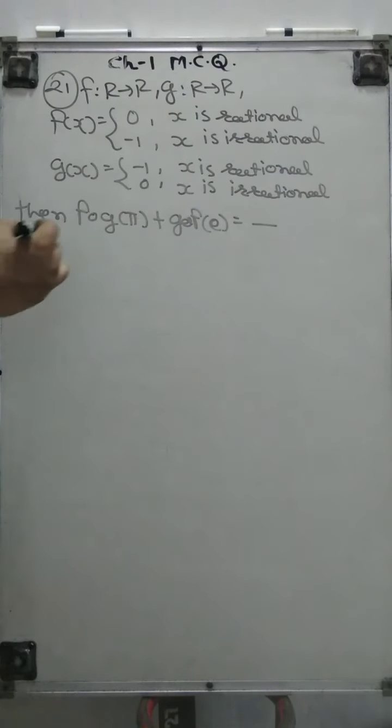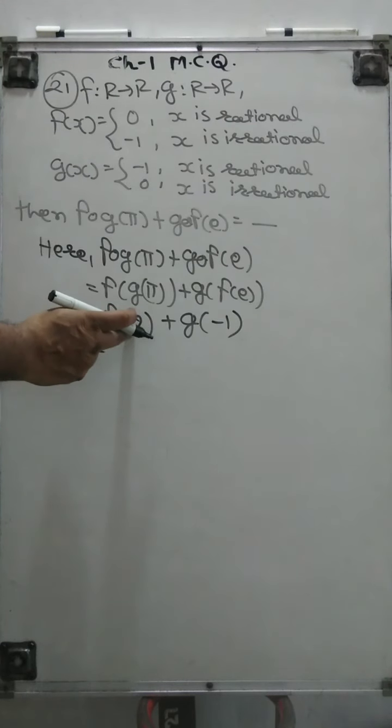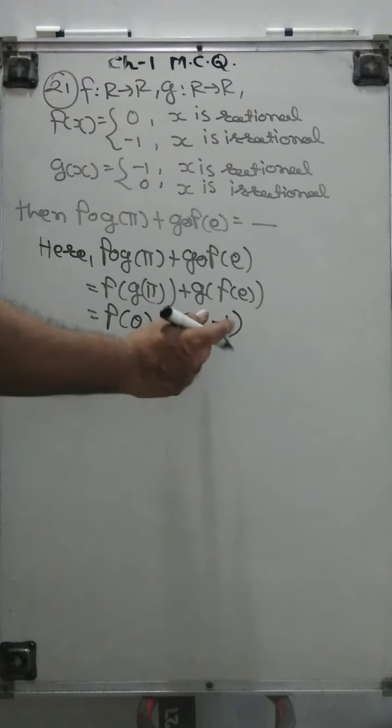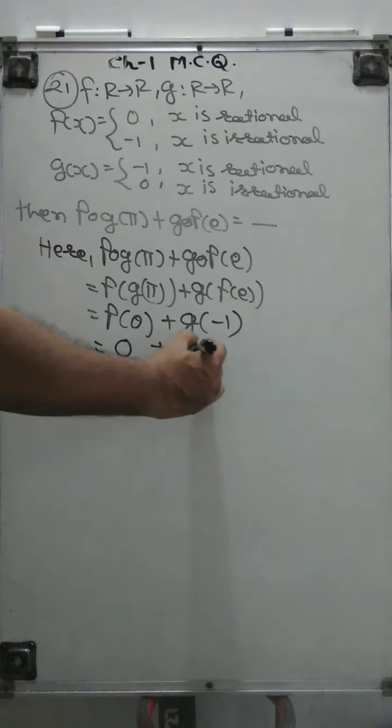fog(π) + gof(e) is equal to f(g(π)) + g(f(e)). Now here π and e are both irrational numbers, so g(π) is 0 since it is irrational, plus g(f(e)), this is irrational, then -1, right? f(0), now this is rational, for 0 it is 0, plus f(-1), which is rational, it is -1.